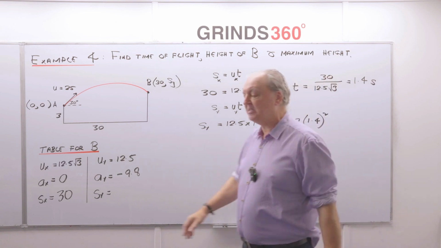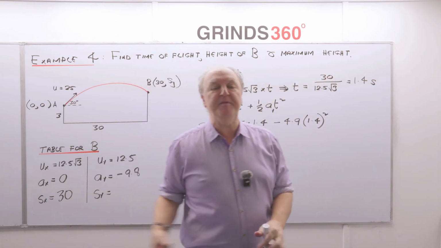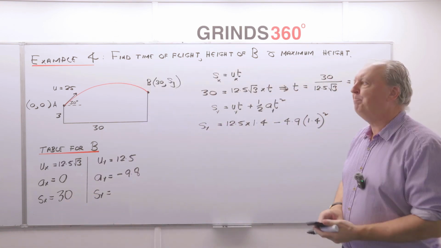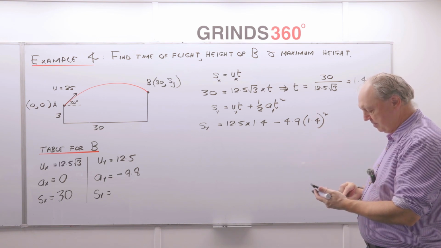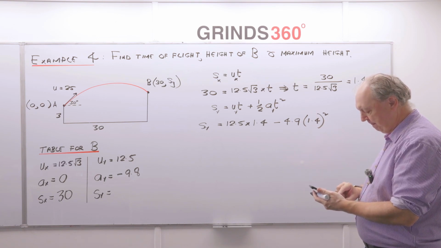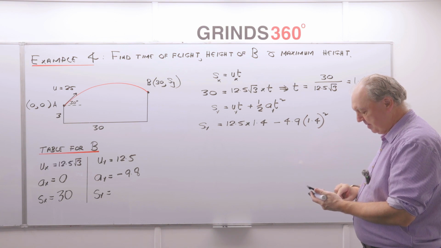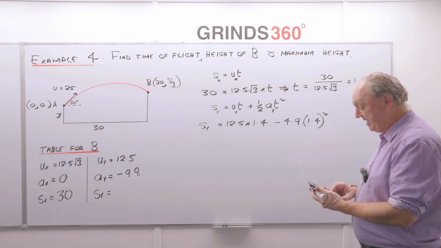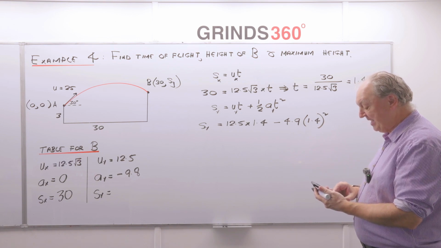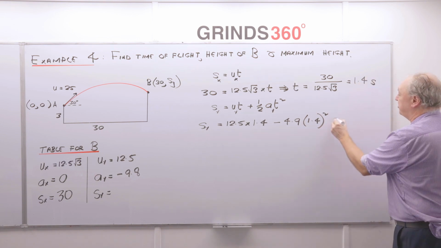So now I put all that into my calculator, and that will give me the distance of B above the origin. And I get an answer, let's say, to one decimal place, 7.9 meters.